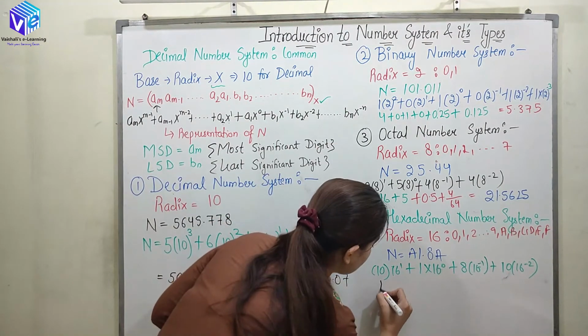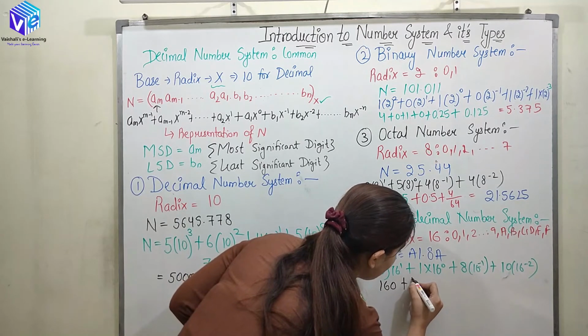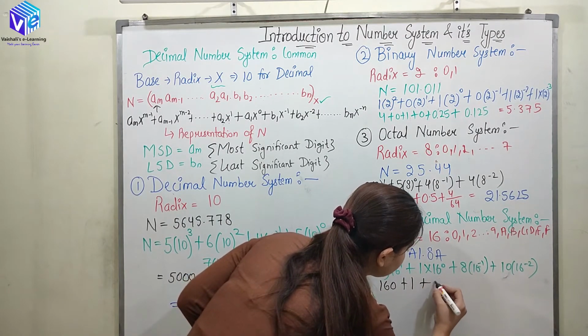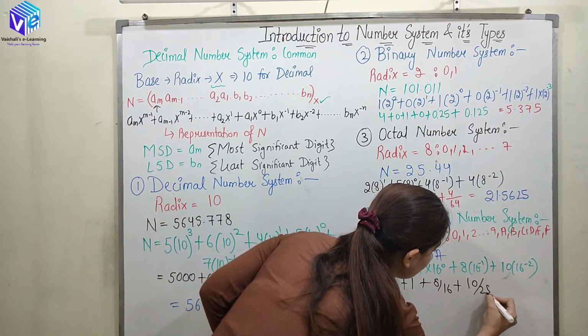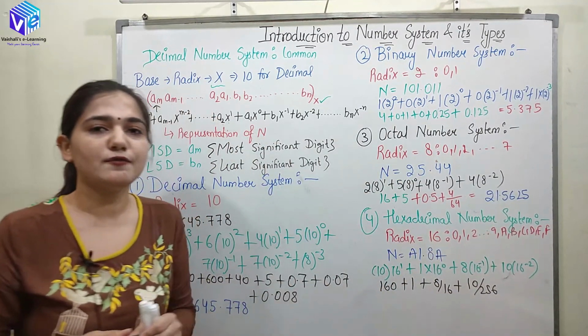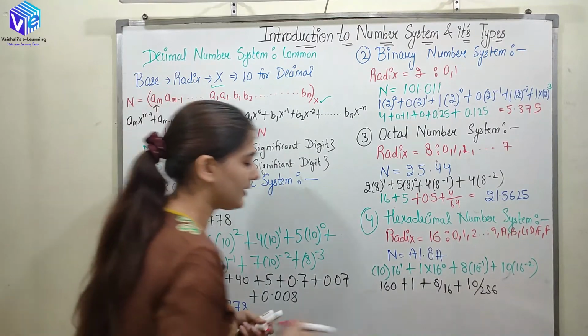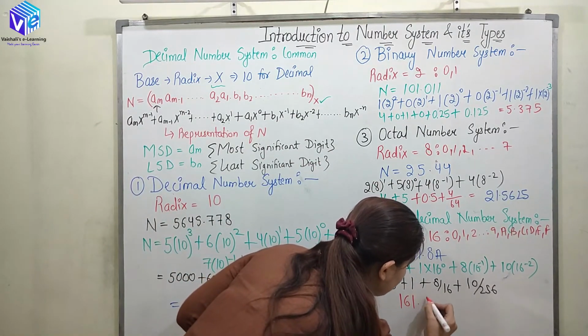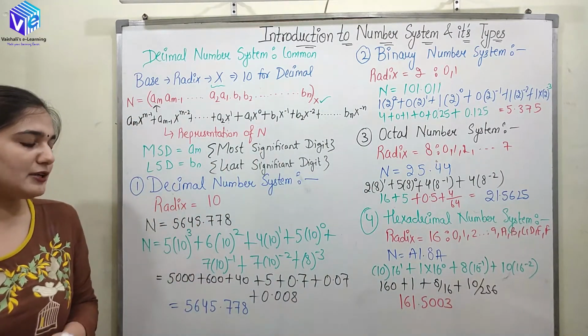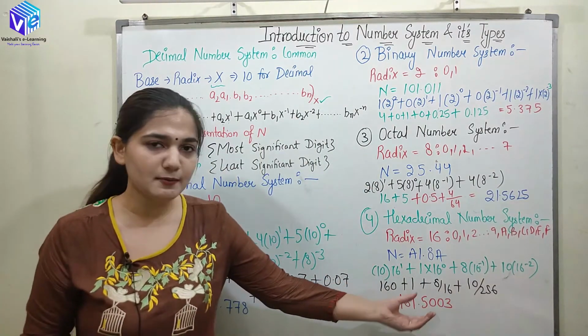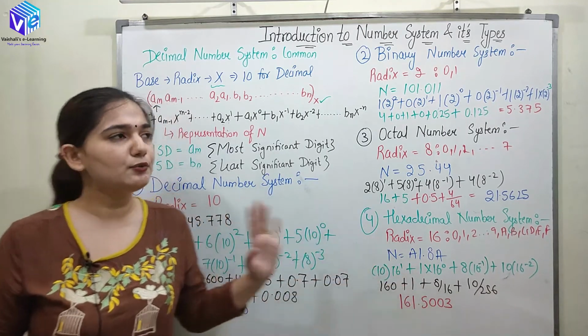So how can I represent it? 160 plus 1 plus 8 upon 16 plus 10 upon 256. So now when you compute it, you will be getting the answer 161.5003. So you will be computing and you will be calculating the final answer. With the help of your calculator, you can do the computation.